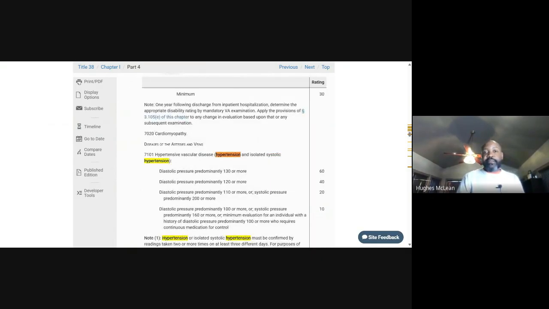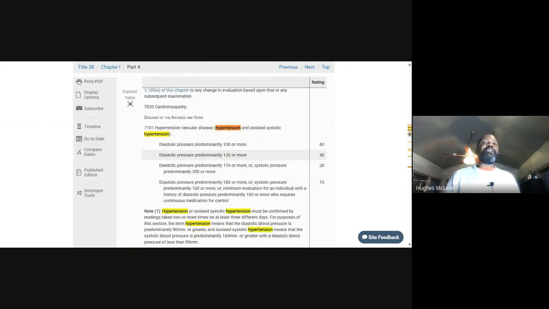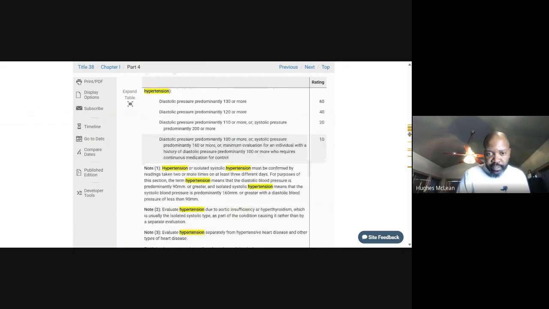There are different types of hypertension ratings, of course, cardiovascular things. The one that we normally run into, though, is 7101, right? High blood pressure, essentially, and it's based off of your readings. As you can see right here, this is how they rate it, right? Have these symptoms, get this rating. Have these symptoms, get this rating. And as you can see, diastolic pressure, systolic pressure.